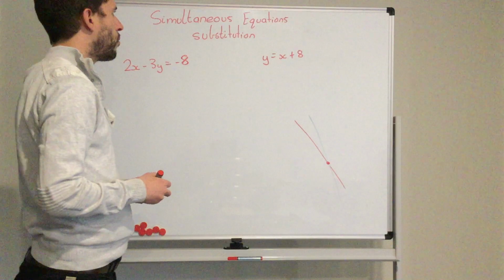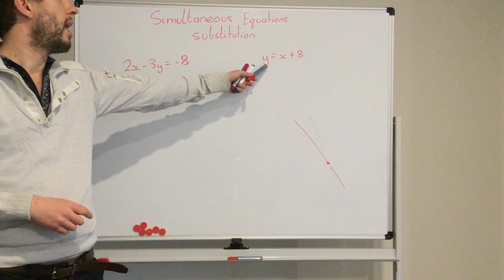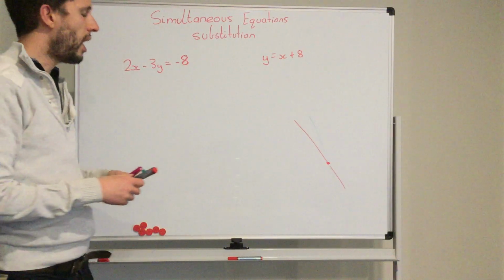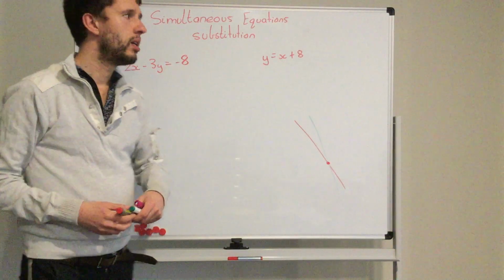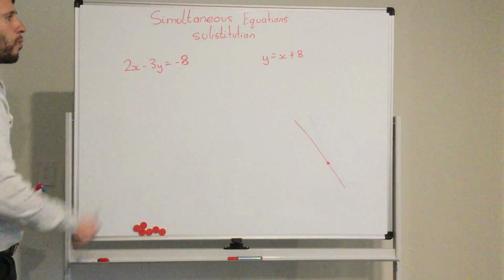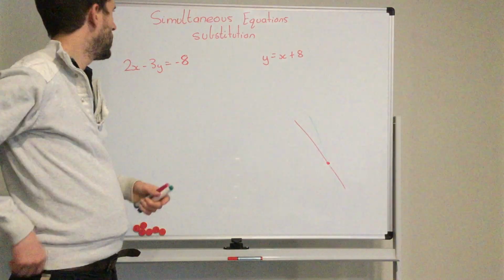So to start off, we are going to substitute. So I can see here I've got this y. So I know that y is going to equal x plus 8. So I'm going to substitute that y out to equal this. So let's have a go.